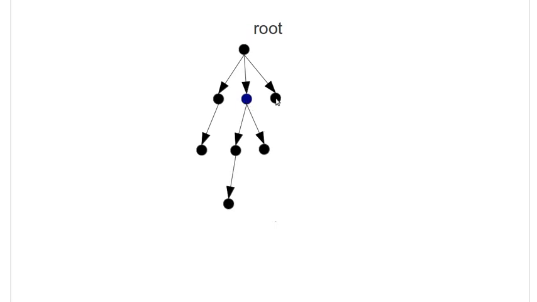So in the case of this tree here, if we were to give names to our vertices, this is A, this is B, this is C. Let's move C back a little bit.